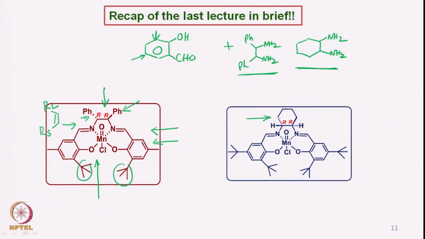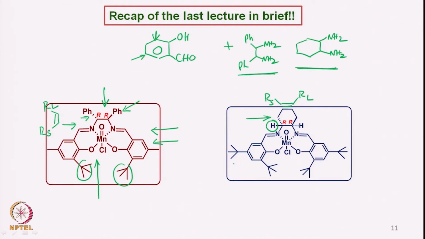Whereas with the cyclohexylamine case, we very clearly saw how this axially oriented hydrogen blocks the orientation of the large group onto this side. That means if we have to epoxidize, the olefin has to be oriented in this fashion.